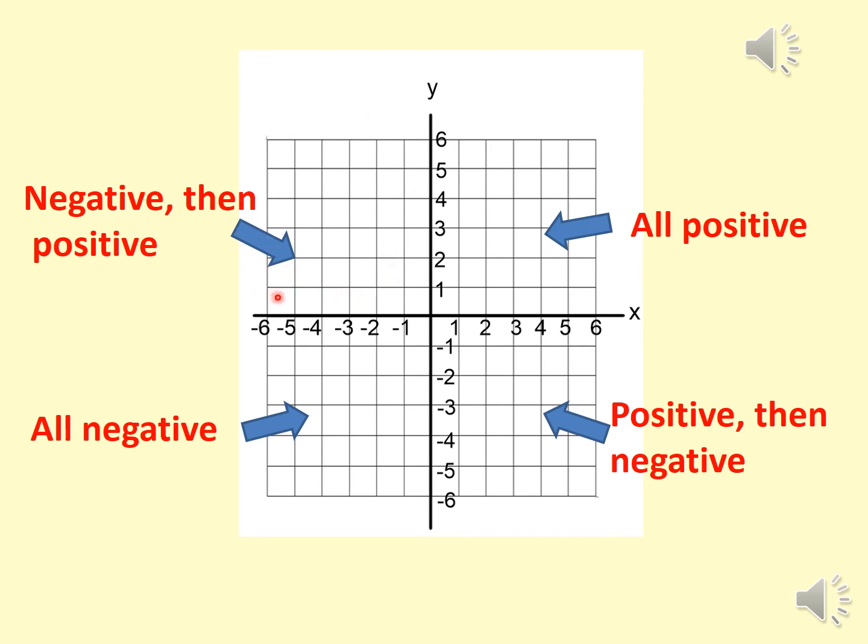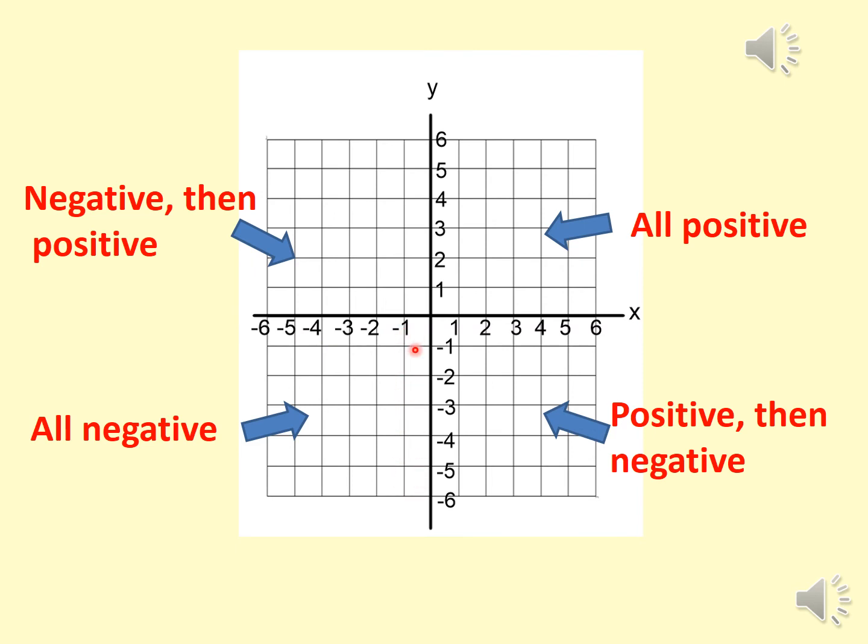If we come down to the bottom left, all of the coordinate numbers are going to be negative, because the x-axis, the one that runs left to right, right to left, is negative, and the y-axis ones, the ones that run downwards or upwards, are also all negative.